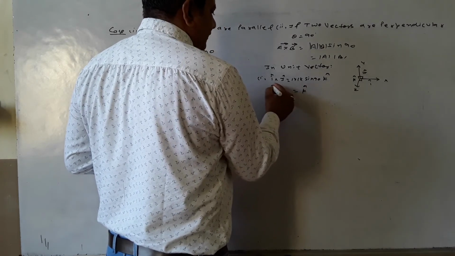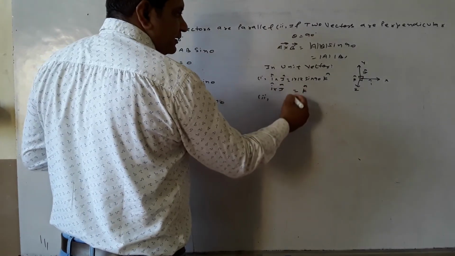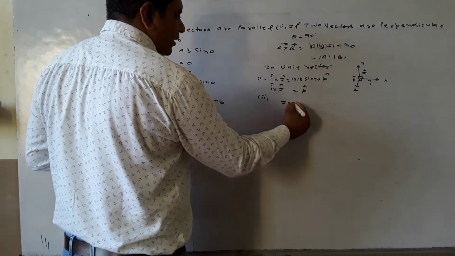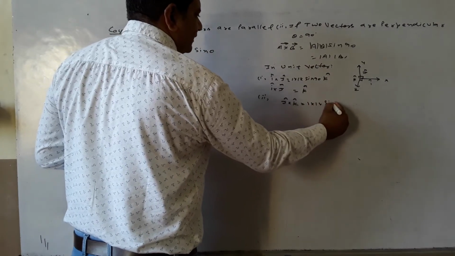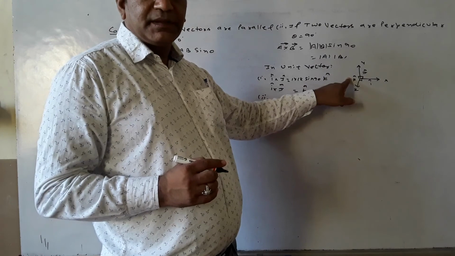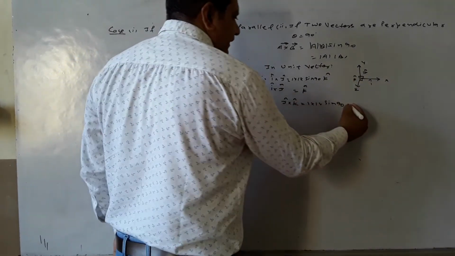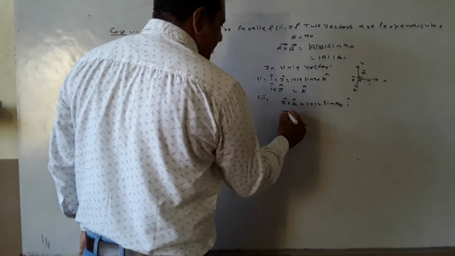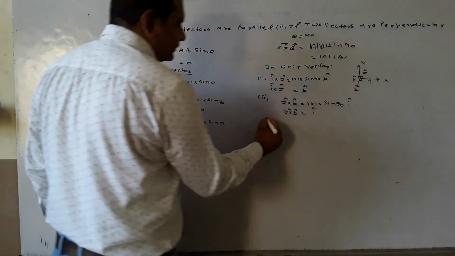Second, j cross k is 1 into 1 sin 90, this is j and k, so the resultant will be along the x-axis, so j cross k is equal to I cap.